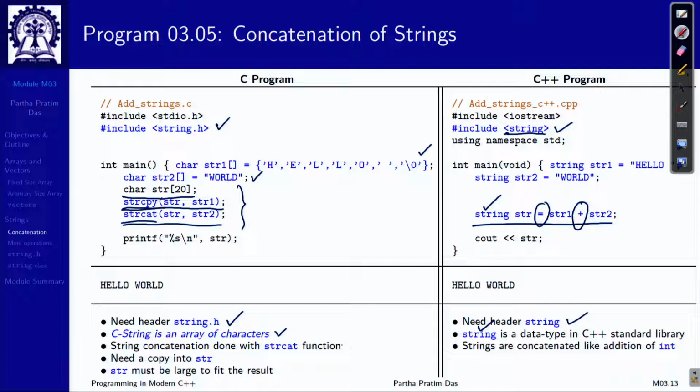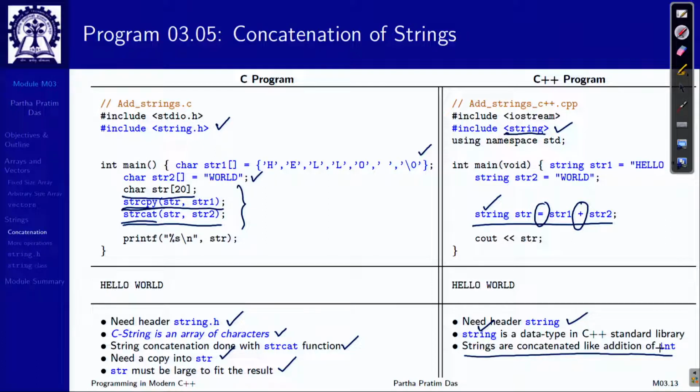String concatenation in C is done with strcat, you need to copy into str, and str must be large enough to fit the size, and the user has to take care of all of that. Here all that you need is like addition of int. You do not have to bother what is the size of str and so on. After the concatenation, str is being initialized with that concatenated value.